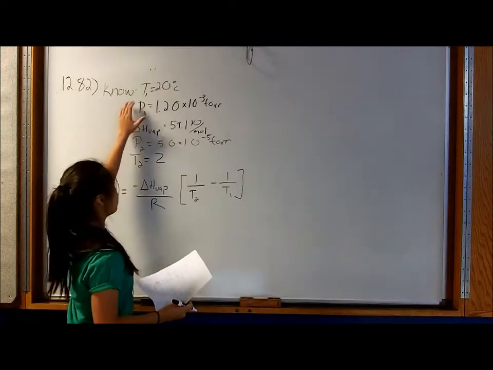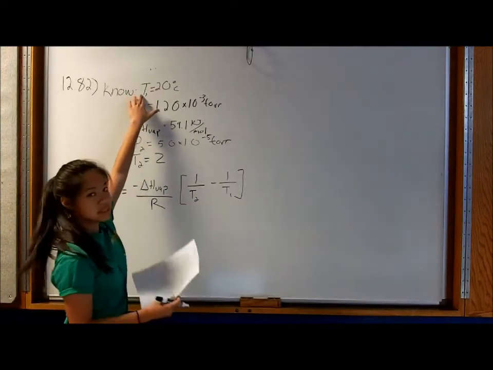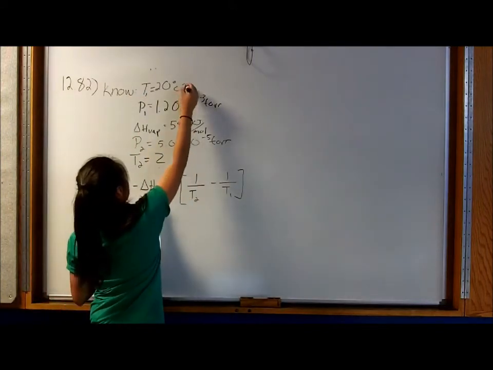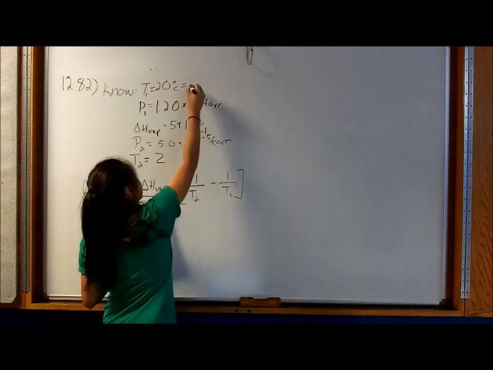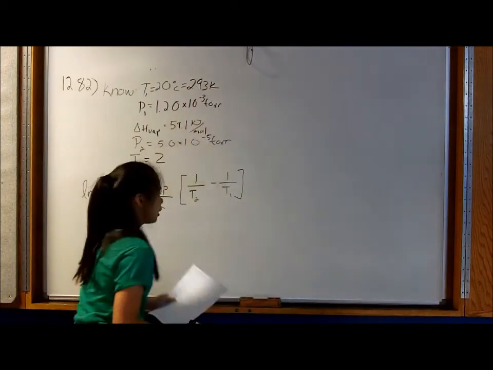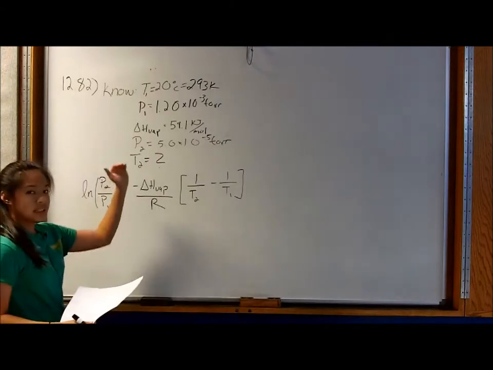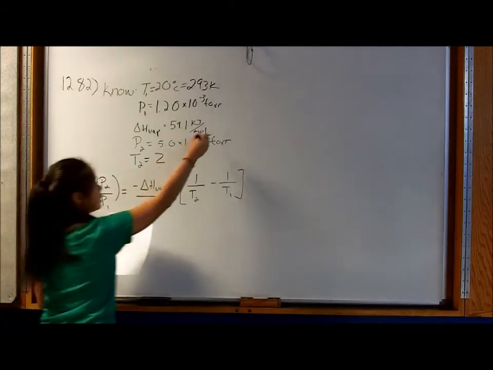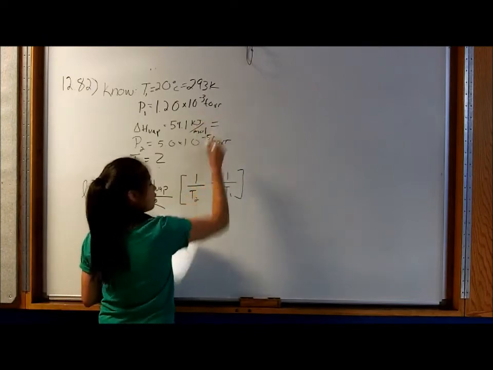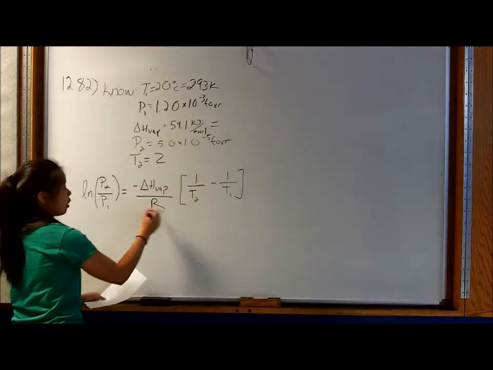So we know that the temperature here is something we have to convert over because it's in Celsius, and we always work in Kelvin. So we're going to convert that right now, and that equals 293 Kelvin. All right, so that's all the conversions we actually need for this problem. Oh, and we also need to convert this to joules, and you'll see later why when we look at the R value.